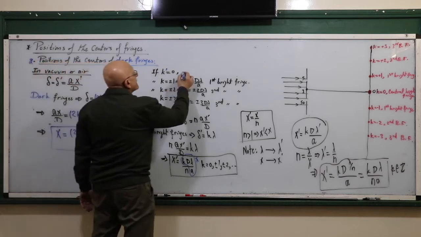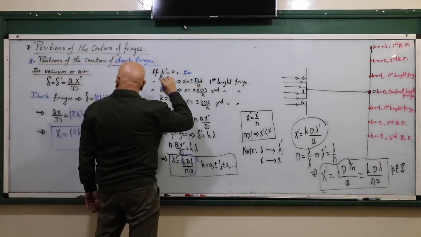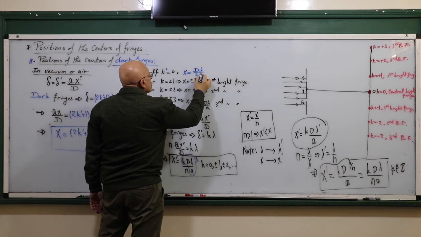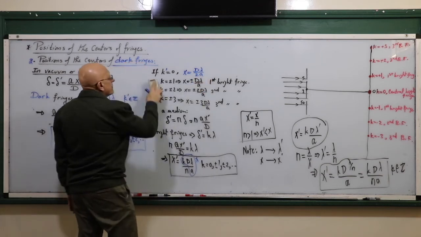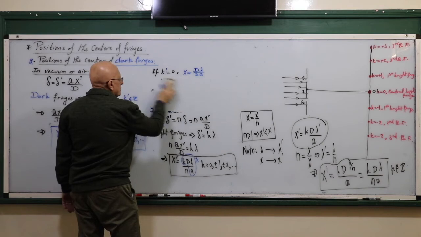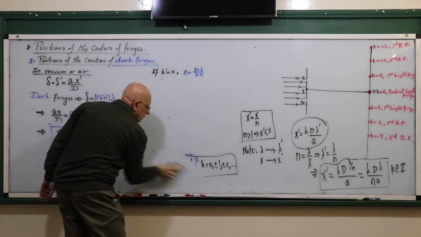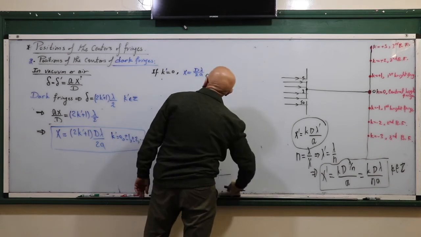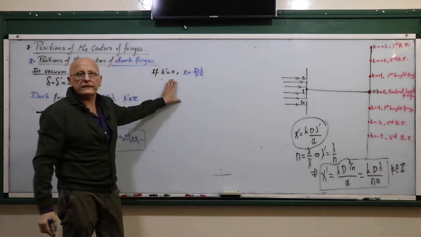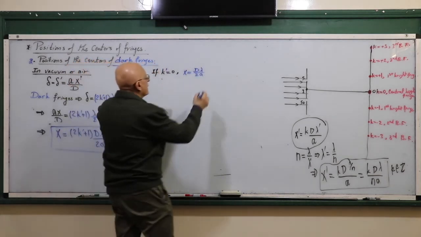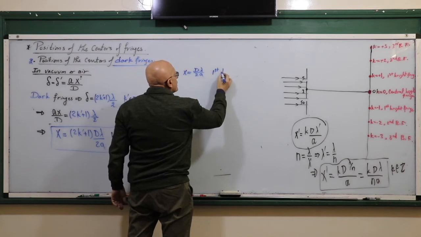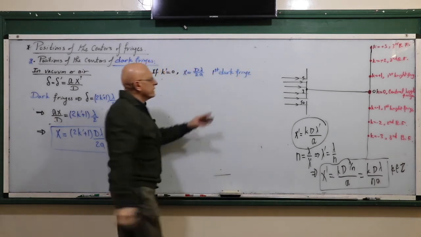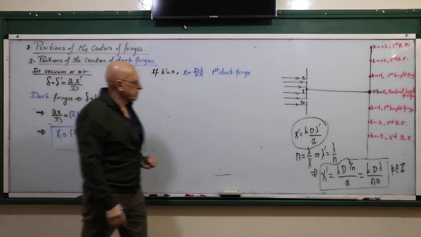So X is equal to D lambda over 2A. What is this? This is the first dark fringe.